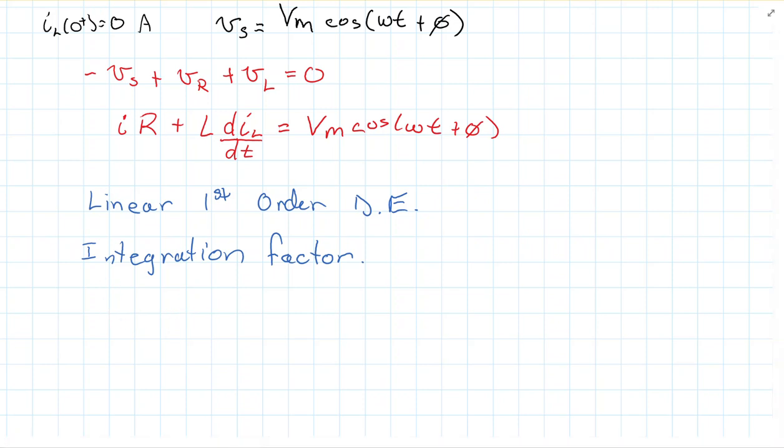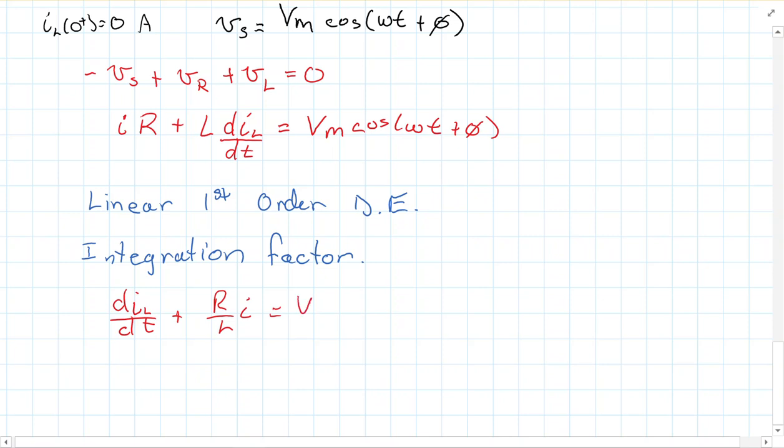We're going to write this as diL/dt plus R over L times i is equal to Vm over L cosine(omega t plus phi).